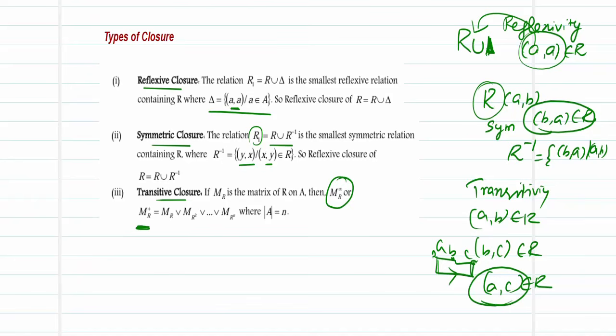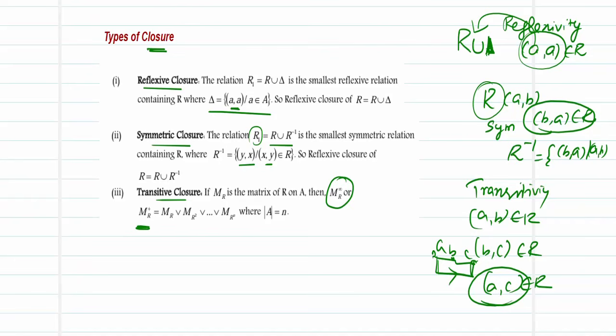This satisfies the transitive closure nature. This is how we add to the existing relation to get the desired relation. This new relation is called the closure.